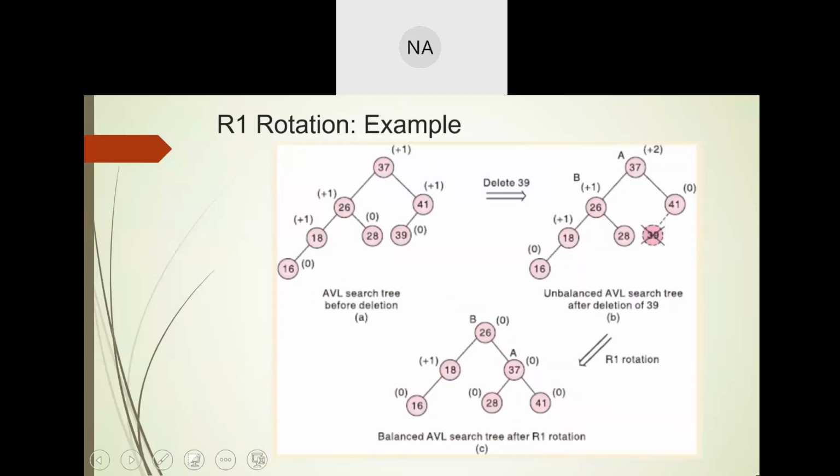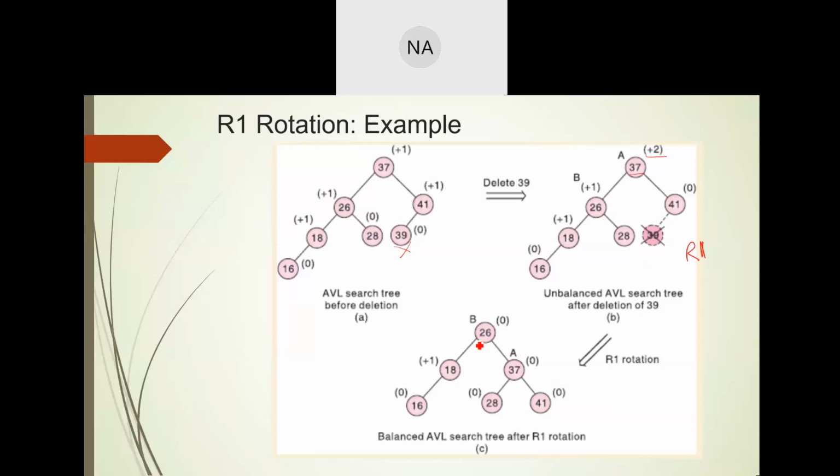This is an example. Here you delete 39, so the balance of node A is now +2. So 37 is your node A. Since the deleted node is in the right subtree, it is an R rotation. The root of the left subtree is node B and its balance is 1, so you need to perform R1. How will R1 be performed?